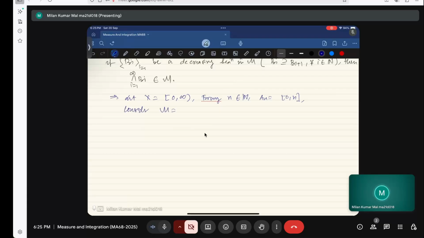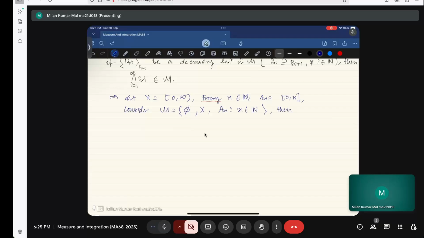Okay, and consider M, which should contain the empty set, X, and all A_n such that n belongs to the natural numbers.